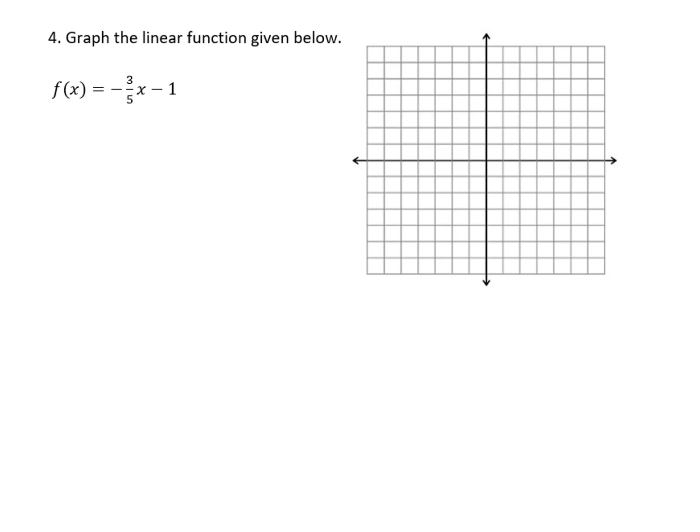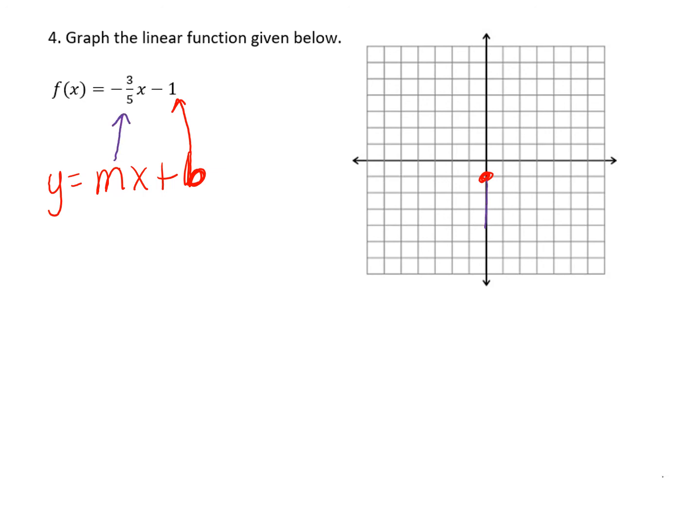All right, I'm going to go through this. Again, this is in slope-intercept form. That's our y equals mx plus b. So our b is our -1. And so I'm going to start with -1. And then my slope is my -3/5.